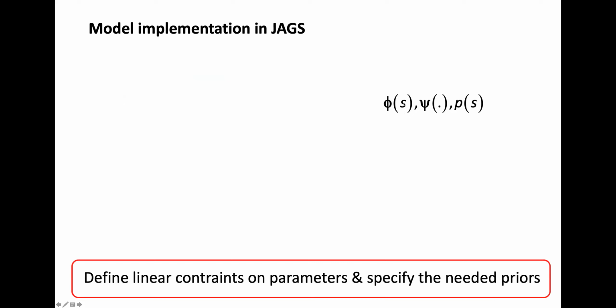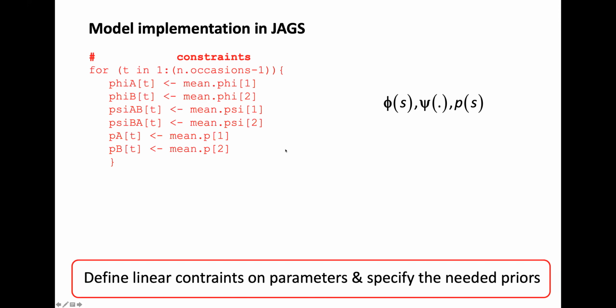So we have a survival for being alive for site A and another survival for site B. We estimate the probability of moving from A to B and moving from B to A. And we have a detection probability that is different from site A to site B, right? So we have some site-specific heterogeneity, or state-specific heterogeneity, in the detection process.